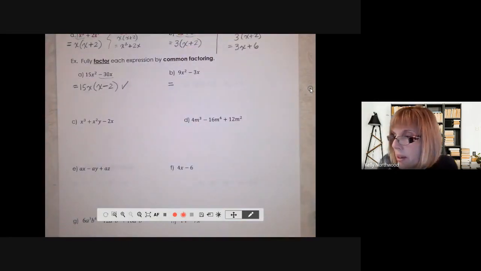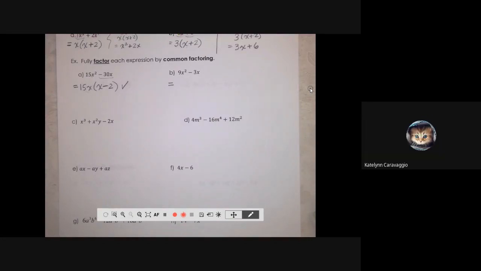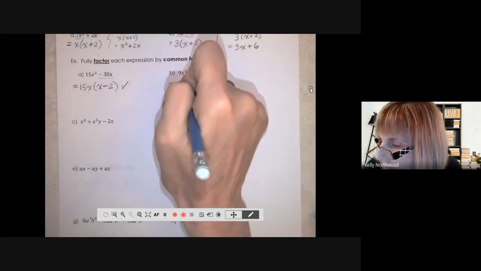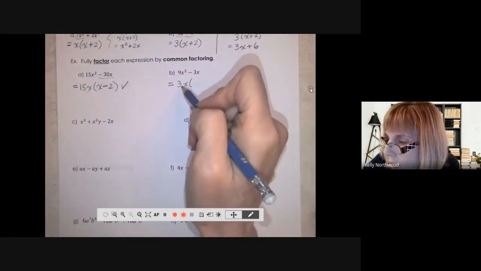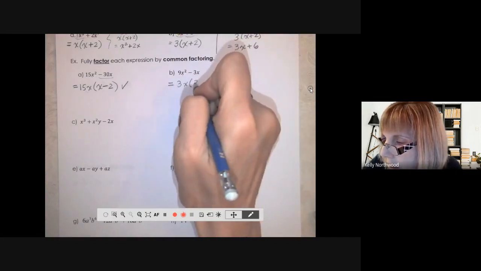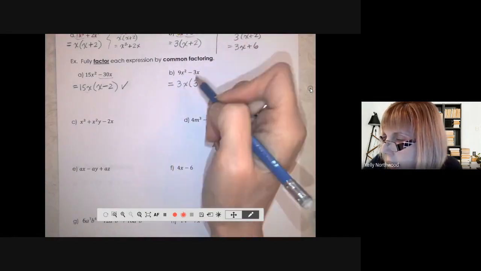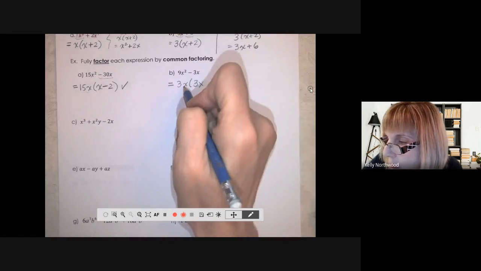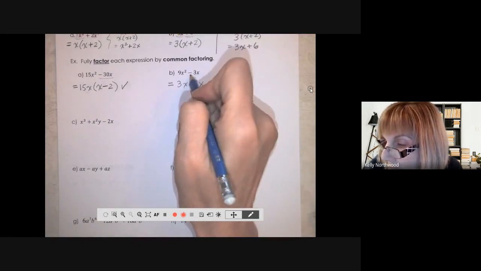Anyone think they know the greatest common factor for B? 3x. Yes. So what do I need to multiply 3x by to get 9x squared? 3x. And then what do I have to multiply 3x by to get negative 3x?